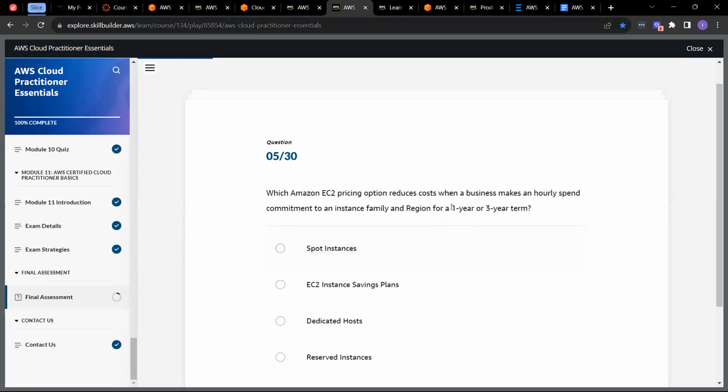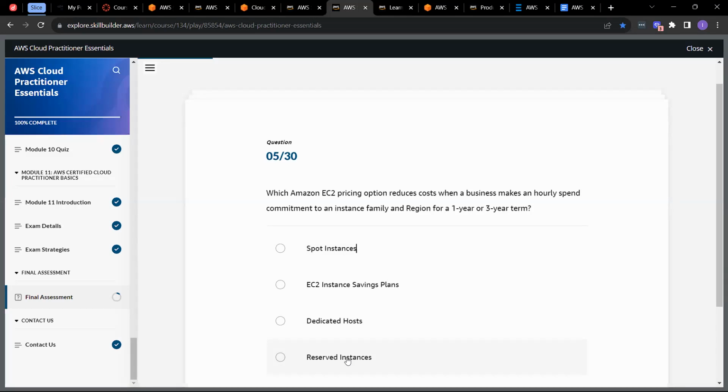So that's the keyword. If you just look at the 1 year or 3 year term, you are tempted to choose Reserved. So the hourly spend commitment would change the answer. Commitment is the word, not hourly. Even if it's for 30 minutes, your commitment is 30 minutes every day for a period of 1 to 3 years. That's how the reserved instance works.